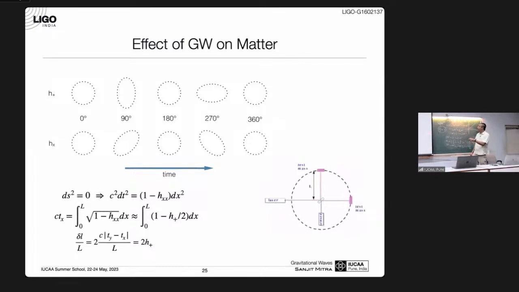But if you have an instrument which can measure the difference in the path lengths, then because they have opposite signs, the path length difference doubles. That is delta Tx minus delta Ty, and that actually doubles here.